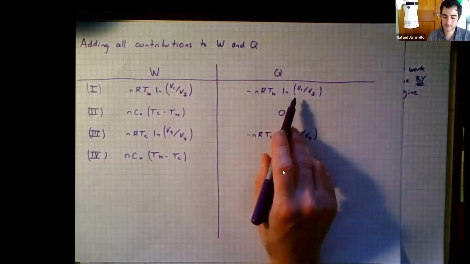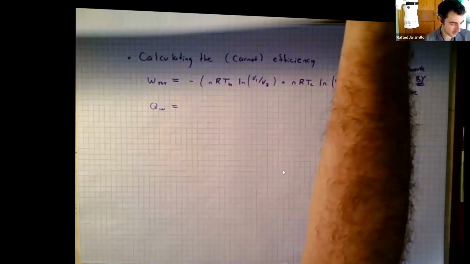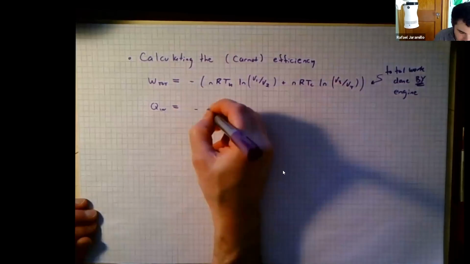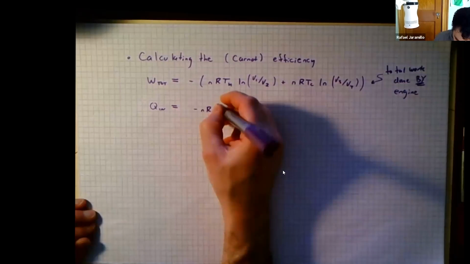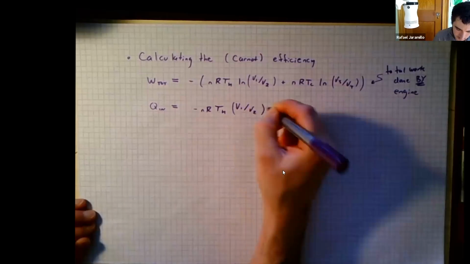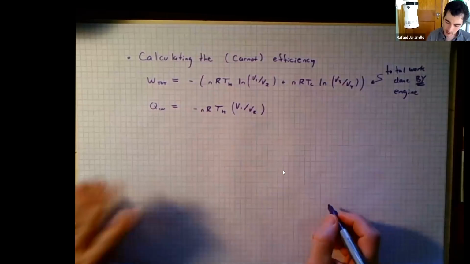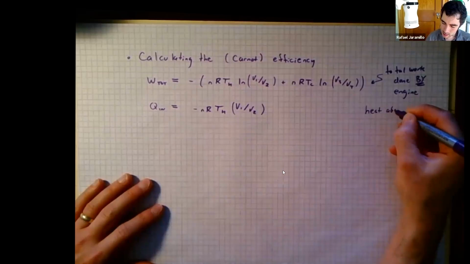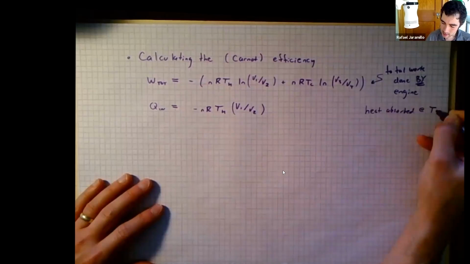Okay, that's the input. That's the thermal resource that you used. So minus nRT_H log V1 over V2. Heat absorbed at T sub H.